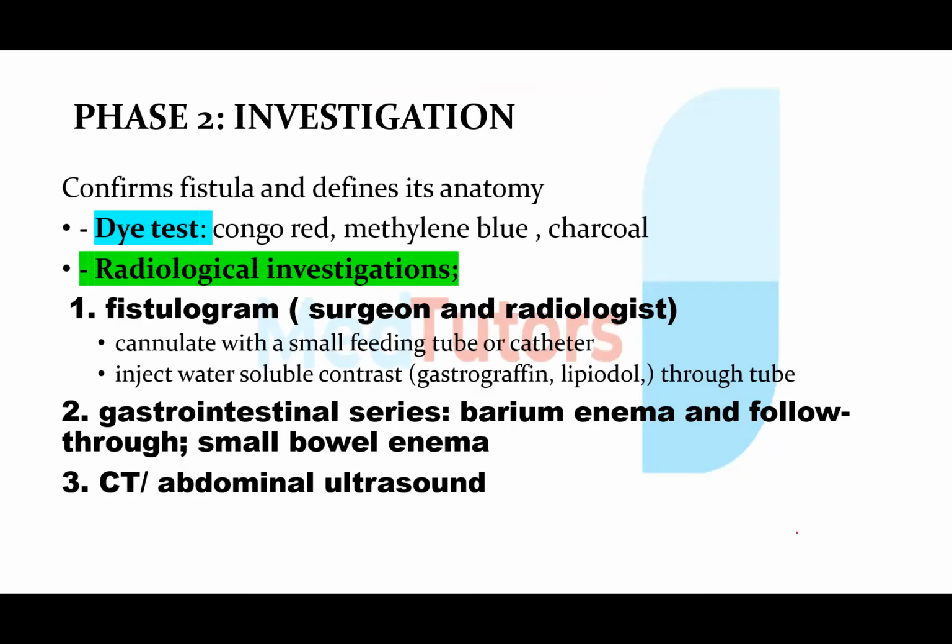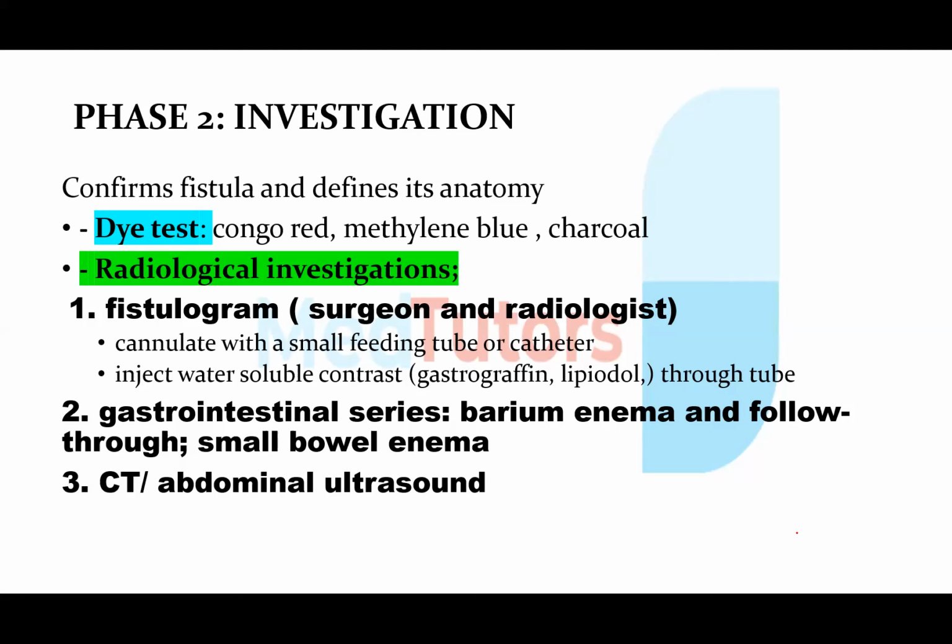Phase 1 is recognition and stabilization of the patient. You recognize the presence of the fistula as well as the presence of the problems or complications, and you start addressing them as soon as possible to avoid serious complications that may develop.